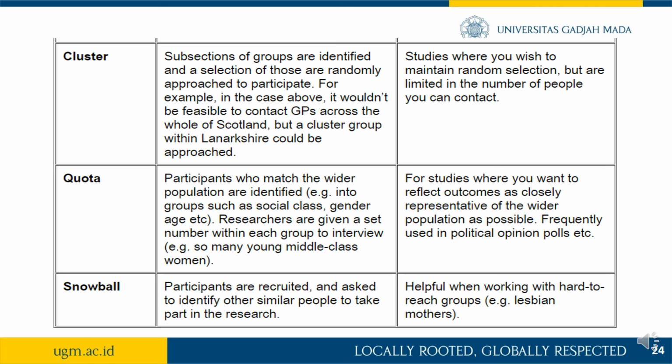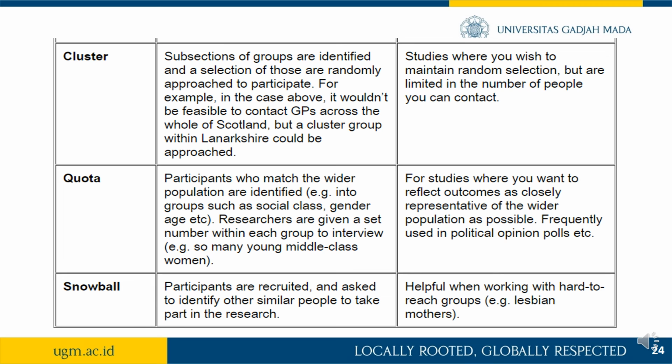We assign a number of participants in each group. It is for studies where you want to reflect the outcome as closely representative of the population, frequently used in political opinion polls or in minimum analysis for subgroup analysis.